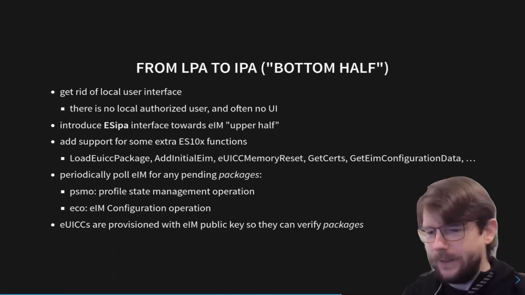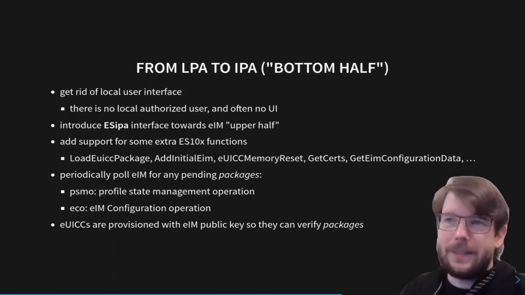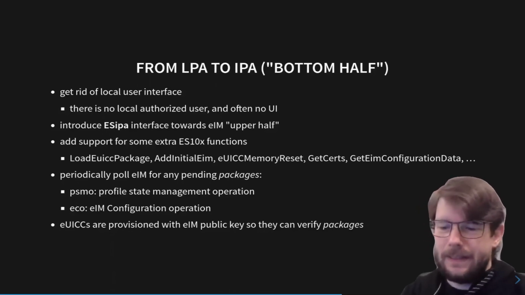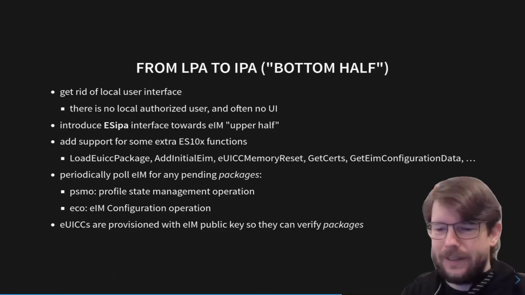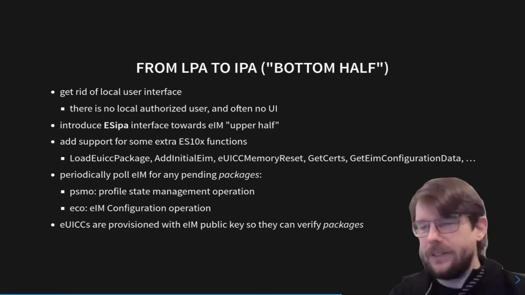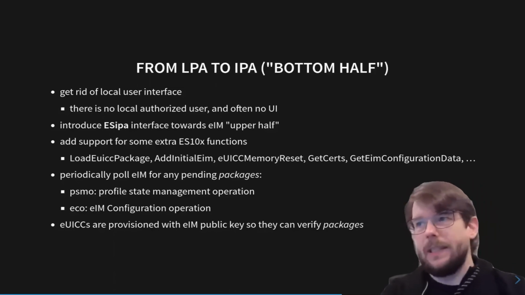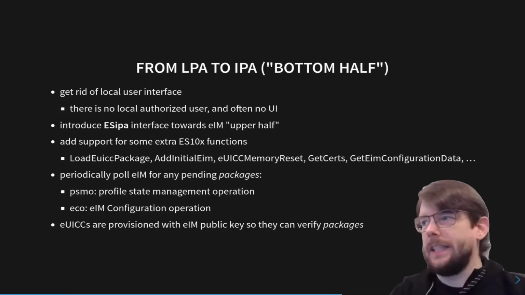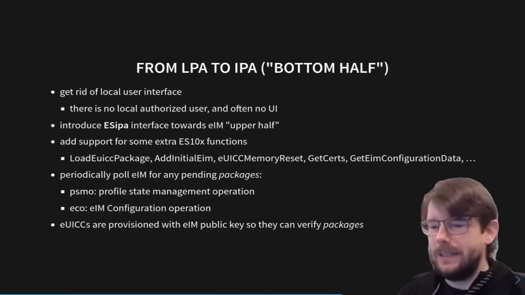So a PSMO is basically profile enable, disable, delete. It changes the state of profiles that are on the eUICC. And the ECO, the EIM configuration operation, relates to changing parameters of how the eUICC can contact an EIM.